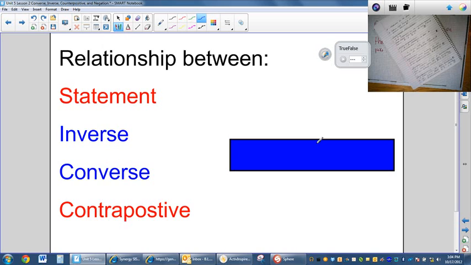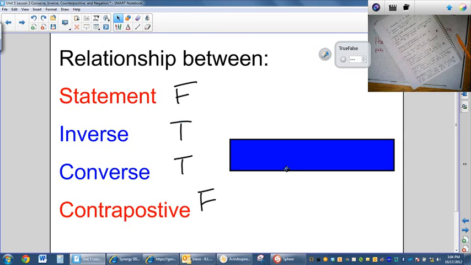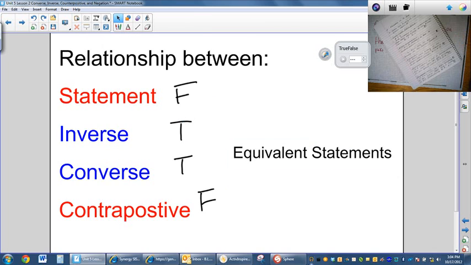Will you please tell me the very first thing you said? You looked through your list and you just read the answer. You read false, true, true, false. So what we have here is equivalent statements.